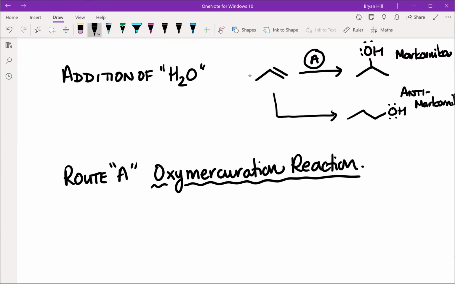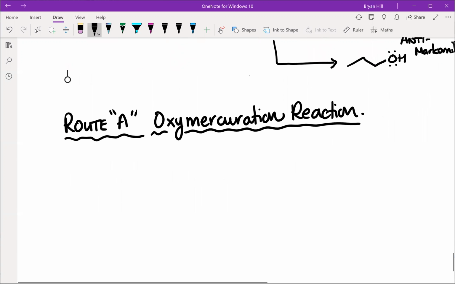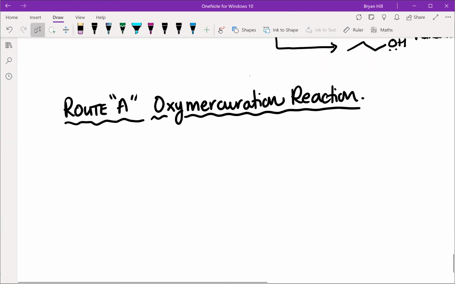So we're going to be using mercury. And so I'll just draw say the reagents that we use. So this is going to be a two-step process. So it's two reactions, one sequentially after the other.